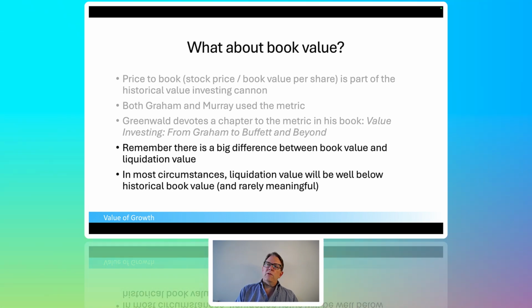Almost always. Just liquidating is going to be a discount, and you can go through all the accounts and realize that in a liquidation, they're not going to hold their value. So I would be careful about thinking of book value as a liquidation value. It's just not. In some rare cases, the liquidation value is going to be greater than the book value, but in almost all cases, the liquidation value is substantially lower than the book value. So be careful about that.